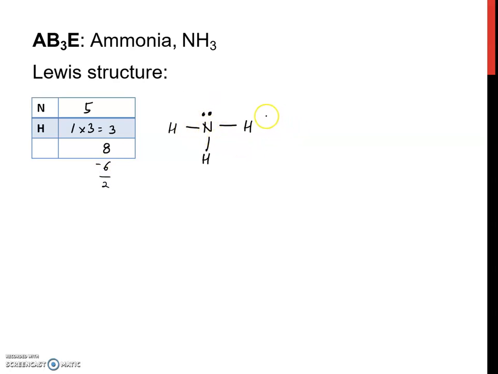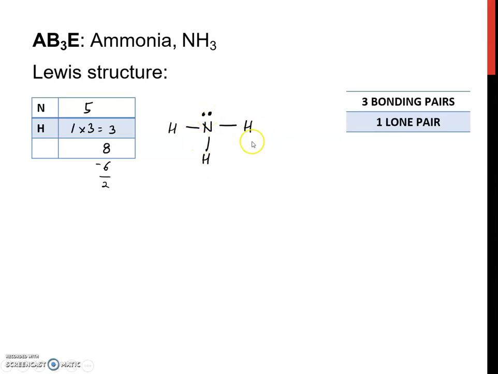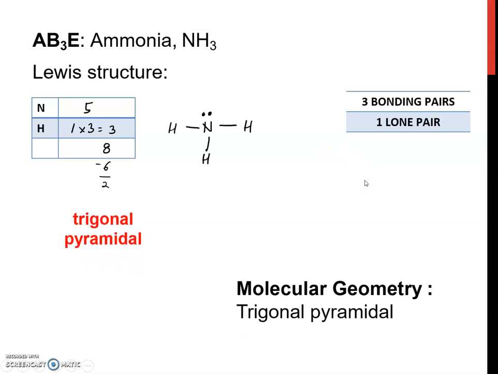Next, determine how many bonding pairs and how many lone pairs on the central atom. So there are 3 bonding pairs, or 3 atoms bonded to nitrogen, and 1 lone pair on the central atom. So the geometry is trigonal pyramidal.